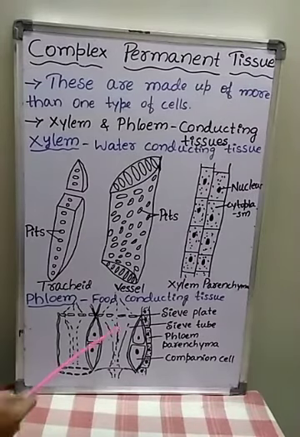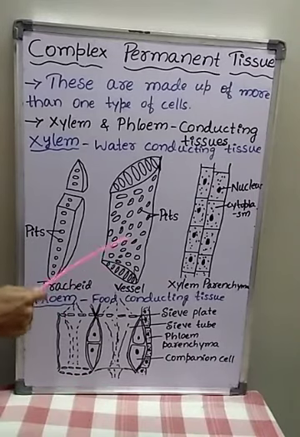Sieve tubes are tube-like cells having perforated walls. Perforated walls means the presence of small pores or holes. With the help of these perforated walls, there is conduction of food from leaves to various parts of the plant.